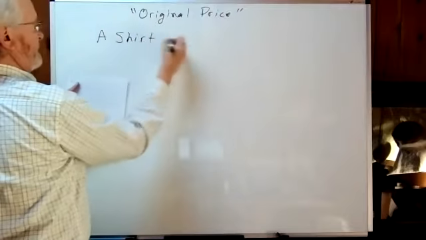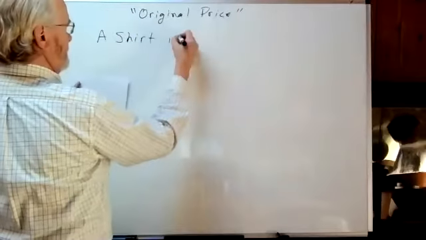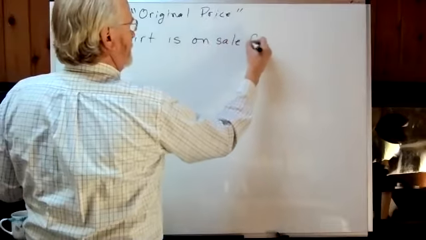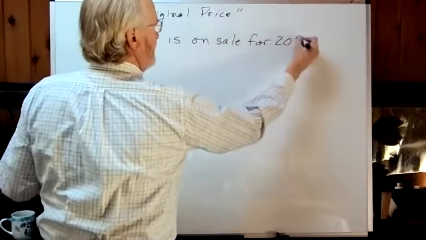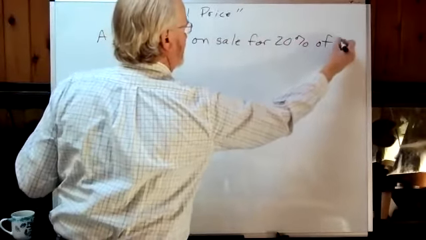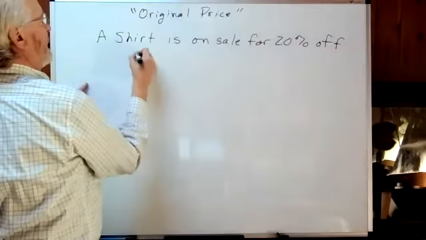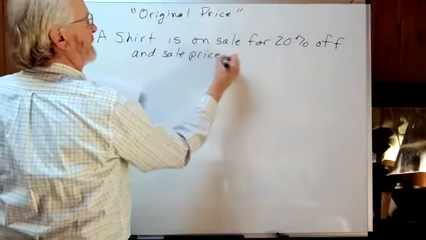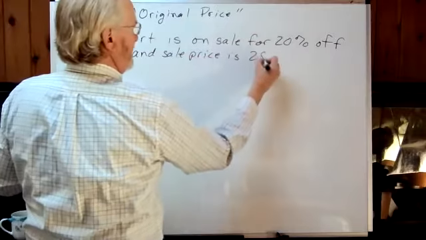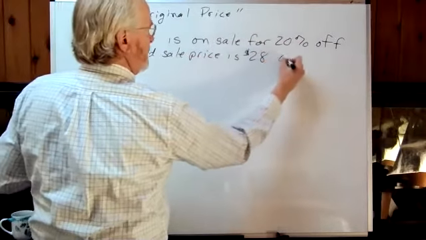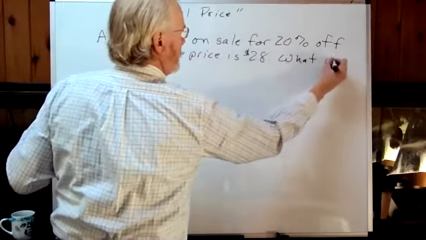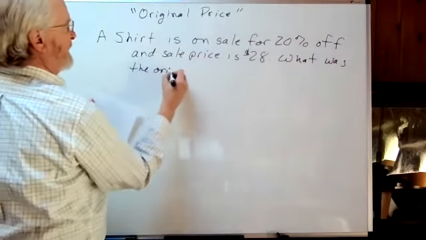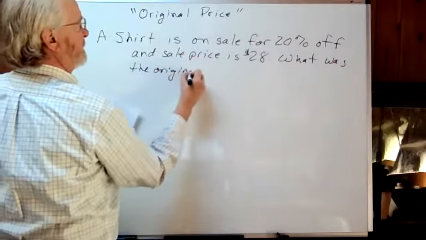A shirt is on sale for 20% off, and the sale price is $28. What was the original price? The pre-sale price. Original price.